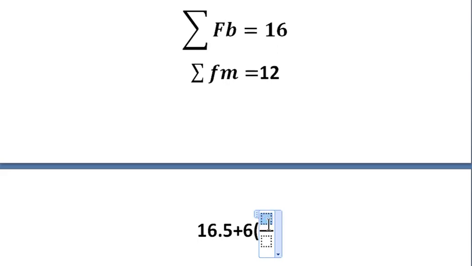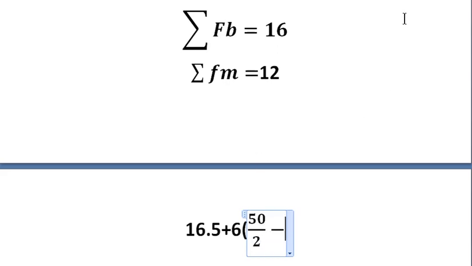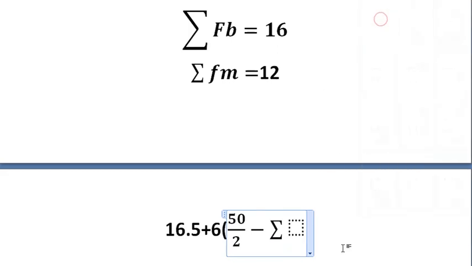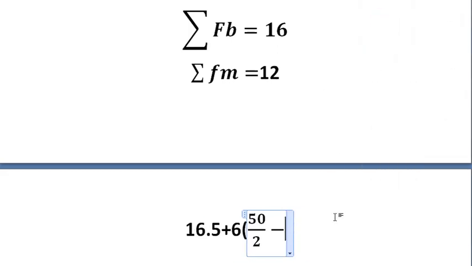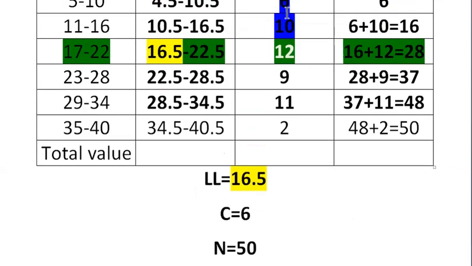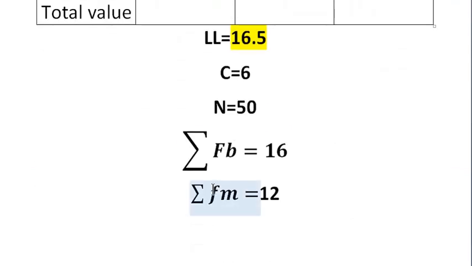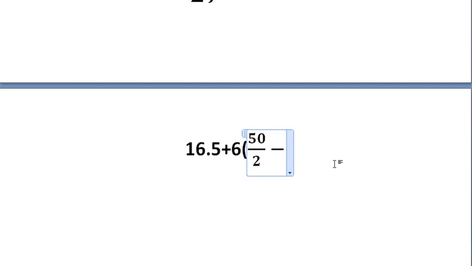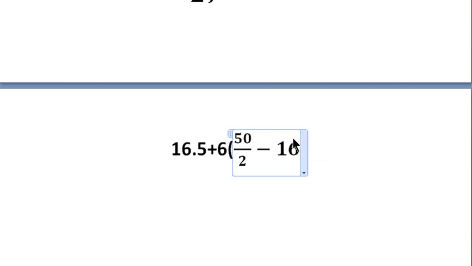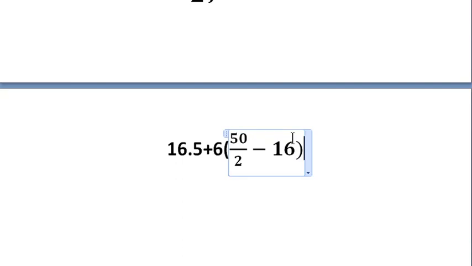N is the total number of frequencies, which is 50, all over 2, then minus sigma fb, which is 16, so we'll put 16 here, then we'll close up the bracket.